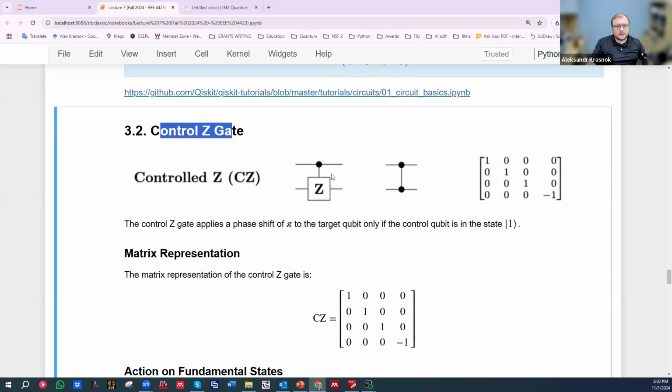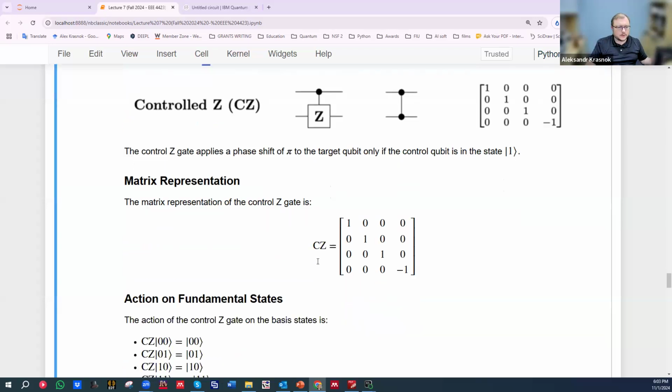It's just if my control is 0, then this gate doesn't do anything. But if it's 1, then it applies the gate, right? This Z gate, for example, here. So Z gate is what? It is a flip of phase, right?